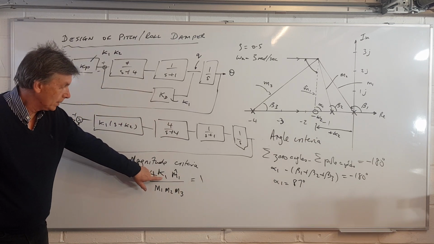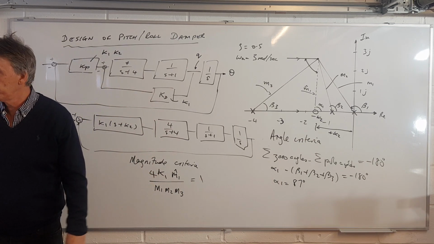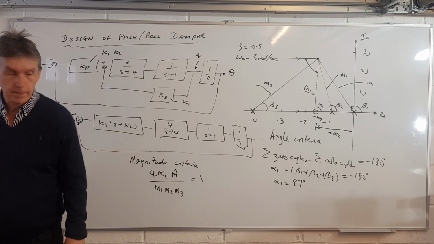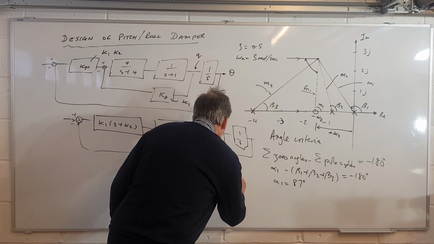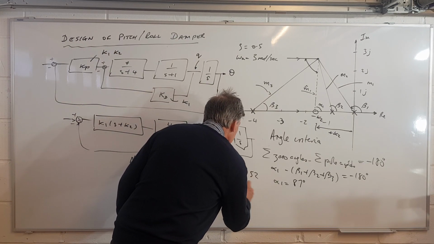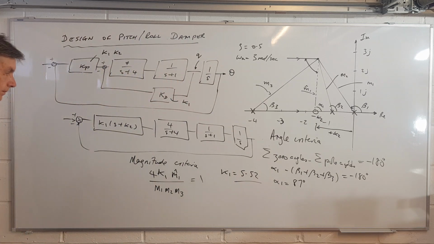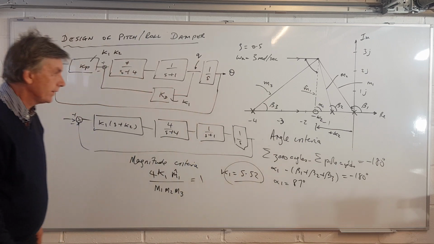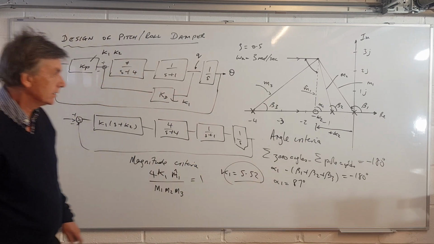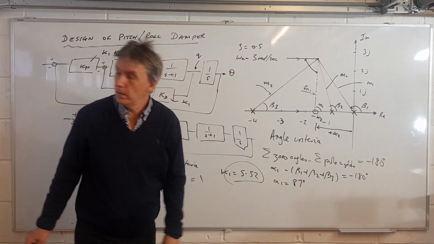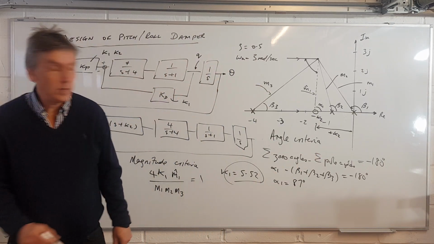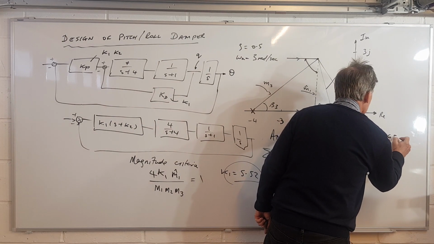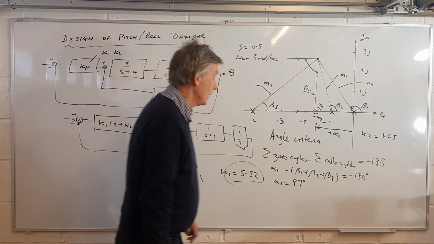So in this equation, we can solve for K1. And if we do that, we find out that K1 comes out as 5.52. So now we've got a solution of K1 as 5.52 and K2 comes out as 1.65, so that's actually the point minus 1.65.